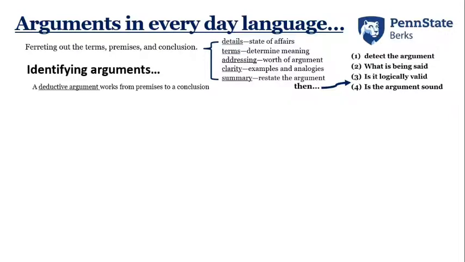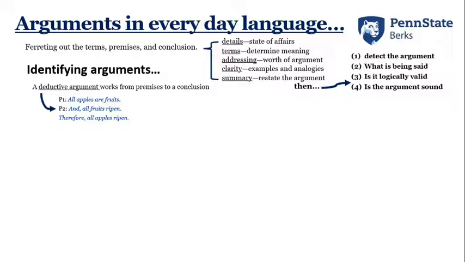Now, we've been talking here about deductive arguments. So we're talking about those arguments that work from premises to a conclusion. So a deductive argument would be: all apples are fruits, and all fruits ripen. Therefore, all apples ripen. Now, each of those premises, 1 and 2, we would say, is a true state of affairs.